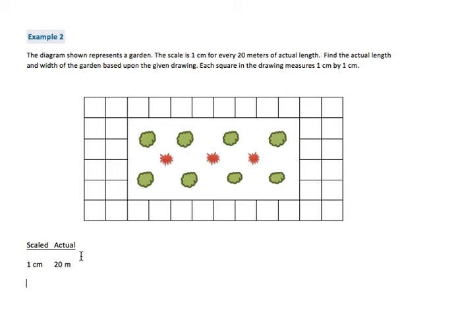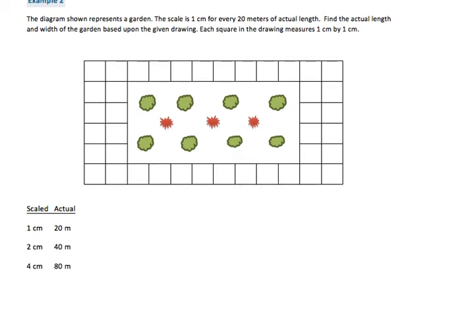Under those circumstances, we could extend our table, and 2 centimeters then would mean 40 meters, 4 centimeters would be 80 meters, and 8 centimeters would be 160 meters.